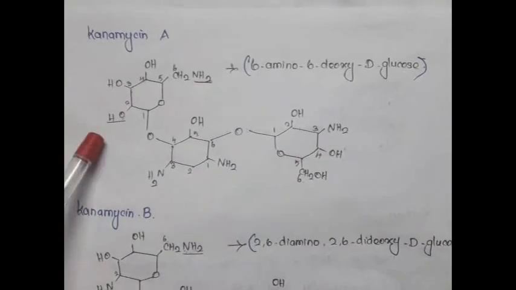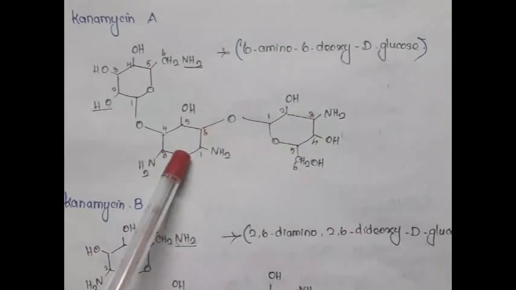Now this is the structure of Kanamycin A. Already we have seen that these two rings are common. Now come to this ring.